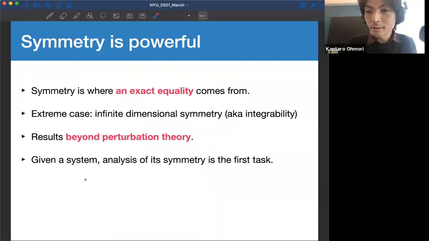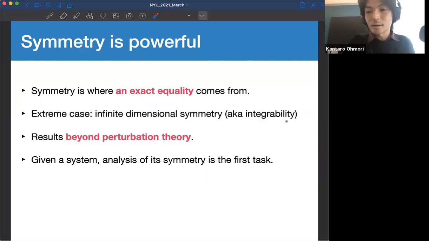And why we care so much about symmetry is because it's powerful. In my viewpoint, symmetry is where exact equality comes from. In physics, many things are approximate. However, as long as the symmetry is exact, then we have exact results. An extreme case is when the symmetry is infinite dimensional, also known as integrability.